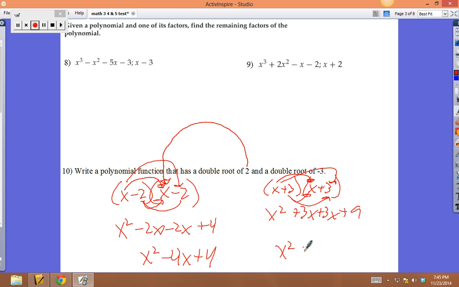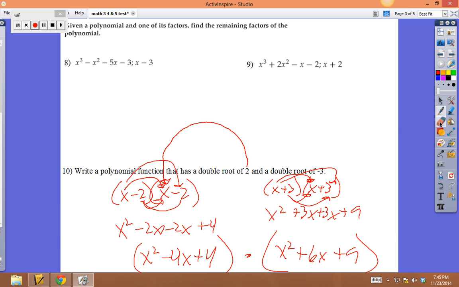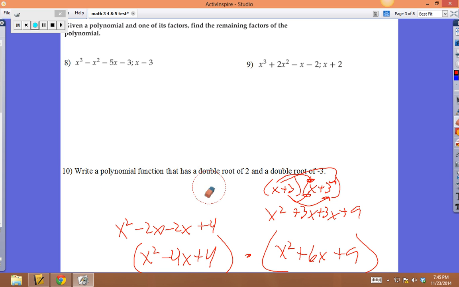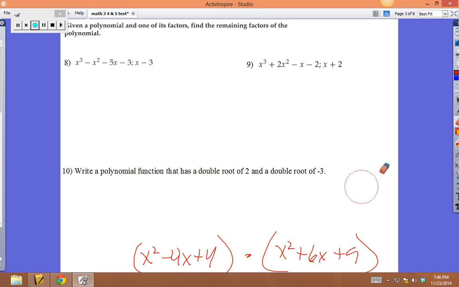So it's going to be x squared plus 6x plus 9. Now if I take this polynomial and multiply it by this polynomial, that will give me the grand polynomial that gives me 2 double roots, one at 2 and one at negative 3.